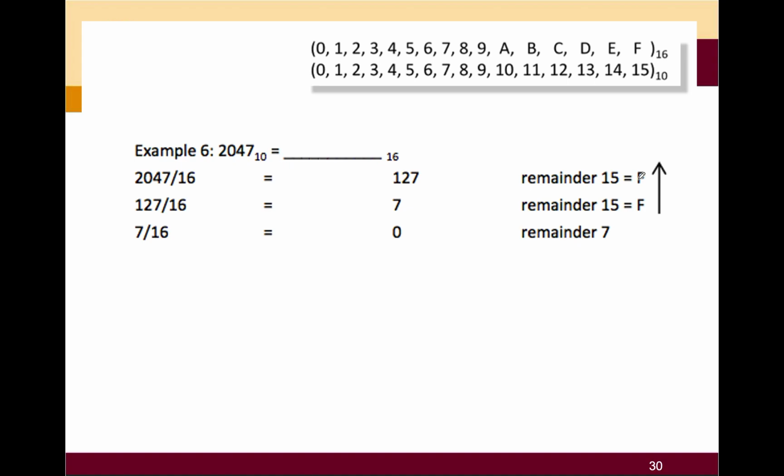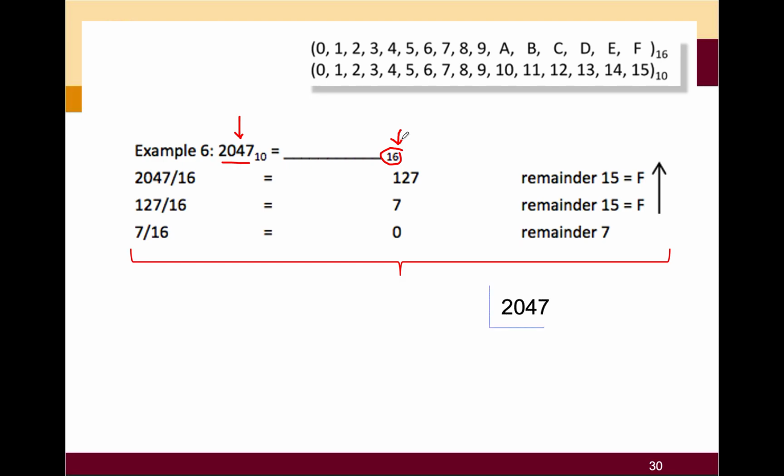So let's have another example, which is we have this number and we want to convert it into base 16. That's why you're going to divide 2047 by the base of 16. So how is it going to look like? You will get like this.